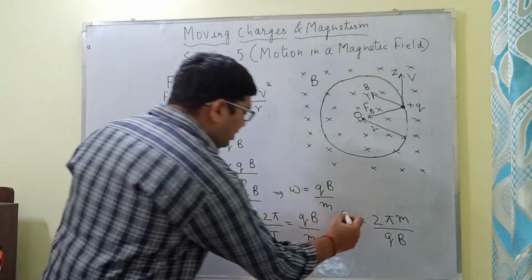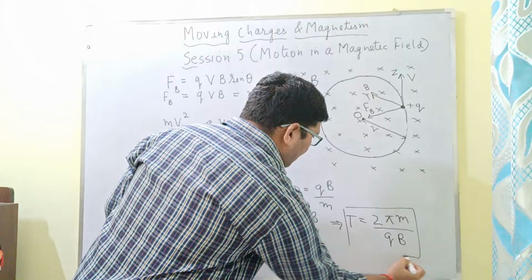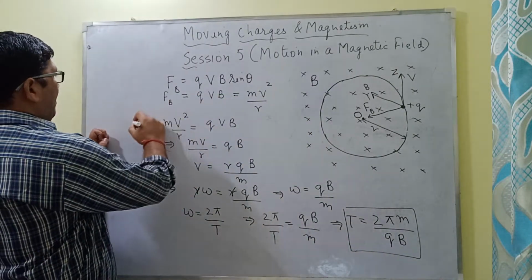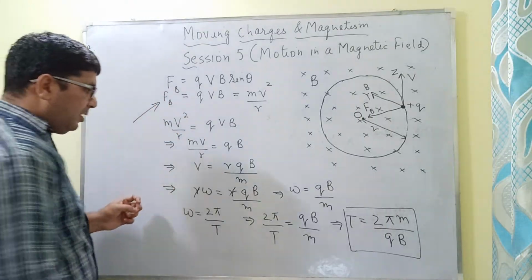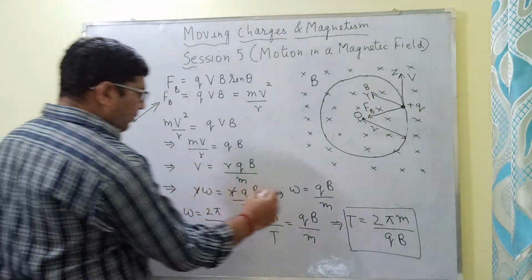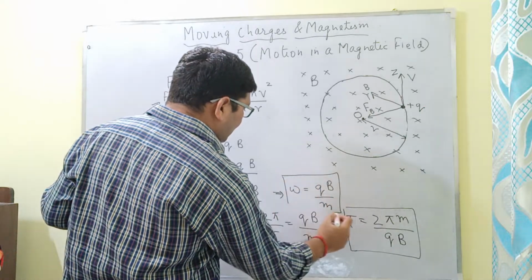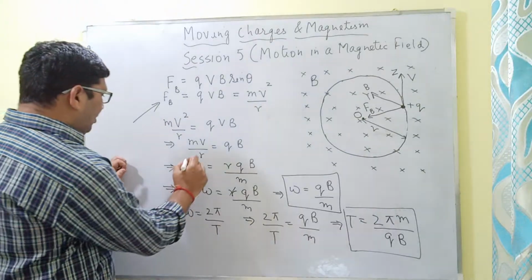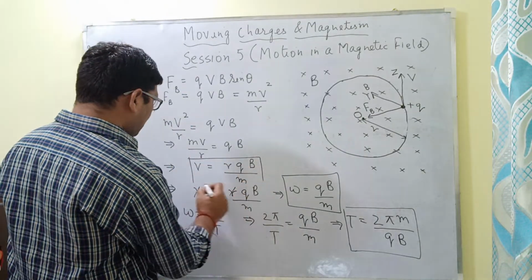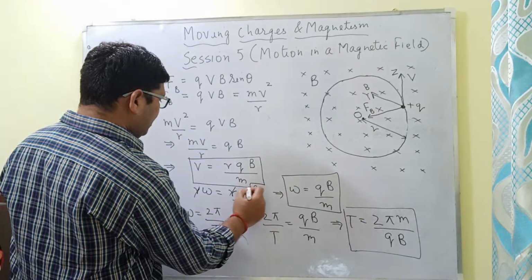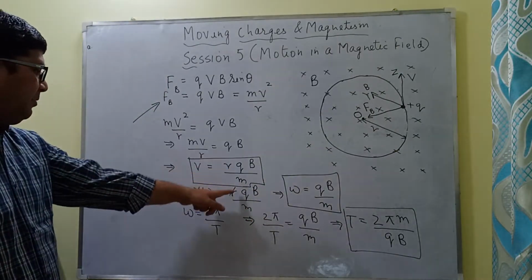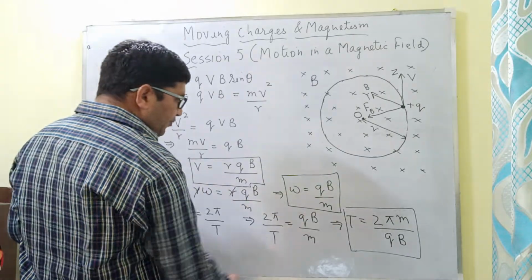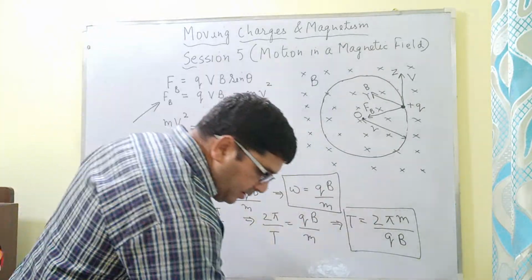So this is one formula which we have derived with the help of this equation, and we have also got another important formula, that is the angular velocity equal to qb divided by m. The linear velocity is v equal to r qb divided by m. And so these are the three important formulas. Apart from this, frequency is also there.